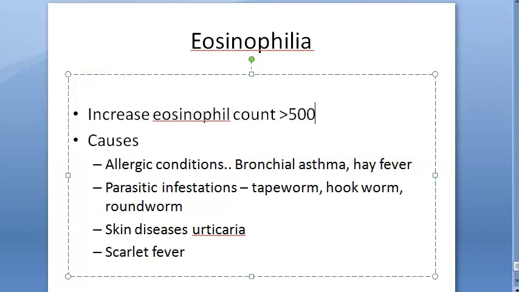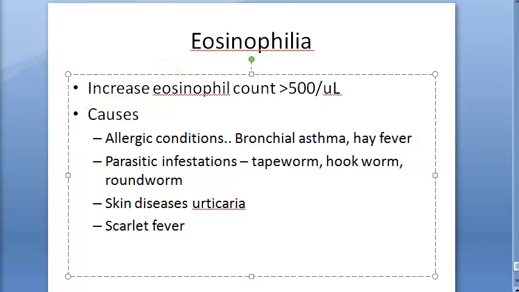How exactly are they going to say it? Above 500 eosinophils per microliter. Now what is the normal eosinophil count? Usually it will be only 2 to 3%.